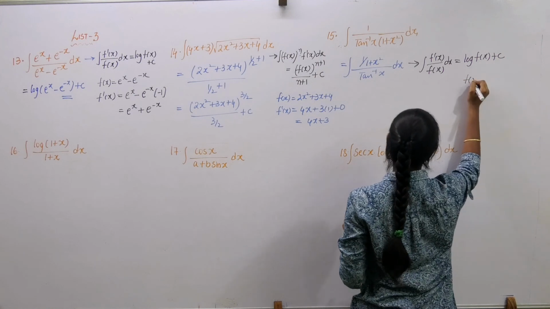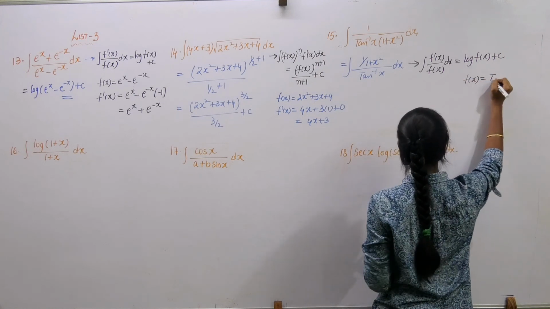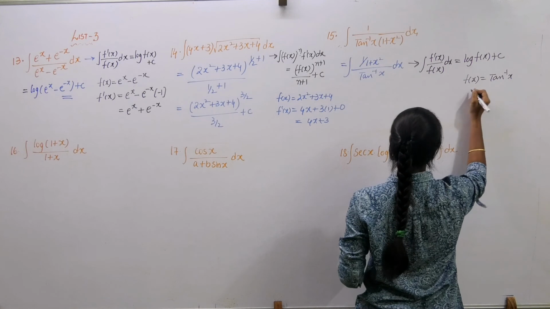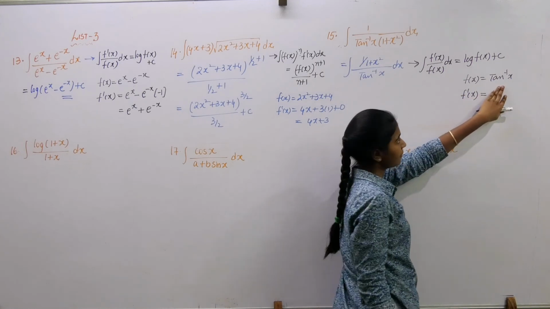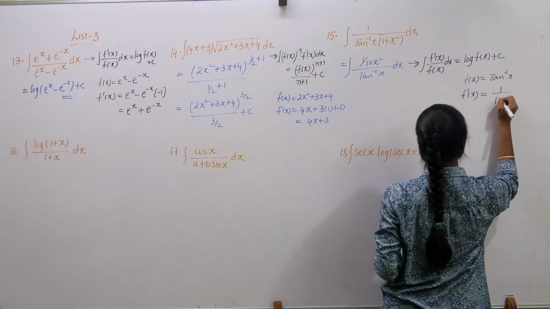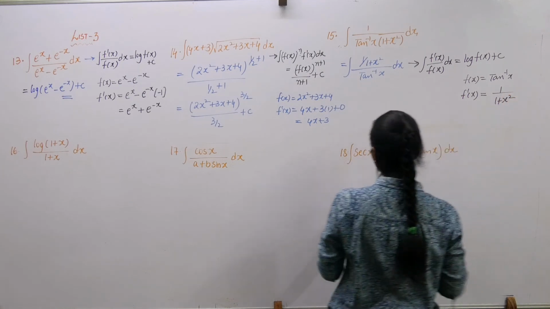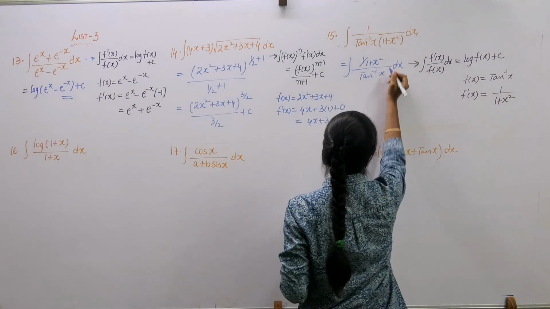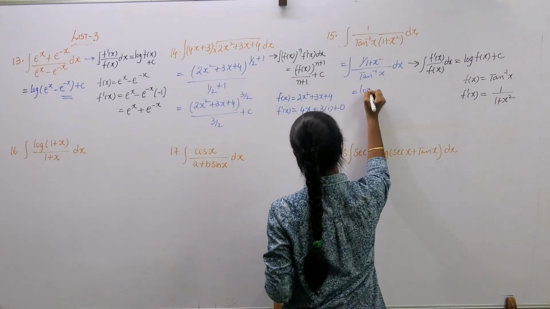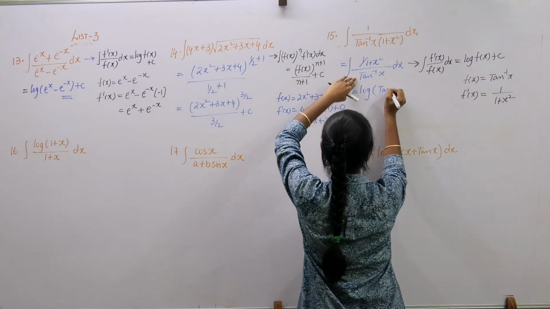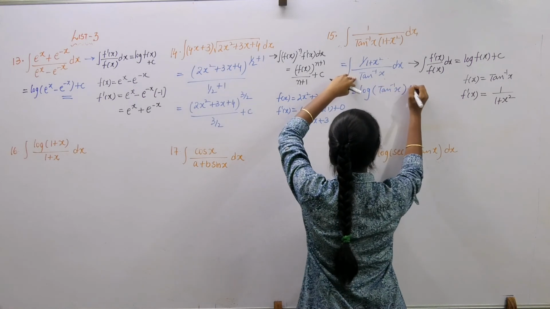Here, f of x is equal to tan inverse x and f dash of x, that is d by dx of tan inverse x, is 1 by 1 plus x square. We have these values here, so we substitute the formula, log of f of x is log of tan inverse x plus c.